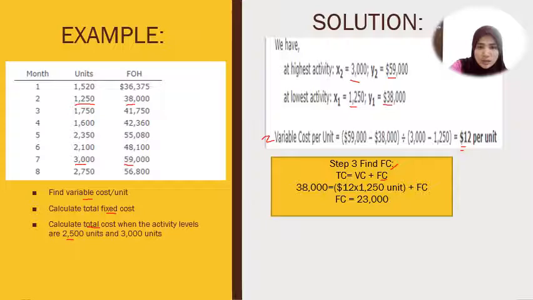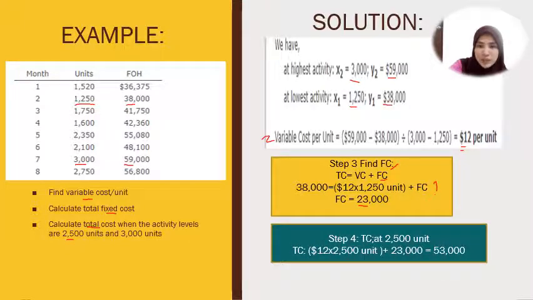So 38,000 is the total cost, equal to 12 ringgit, which is the variable cost per unit that we found in step number 2, times the units of production, plus the fixed cost. In this situation, the fixed cost is unknown, so we have to find the total fixed cost by simplifying this mathematical problem, and you can find the fixed cost value at 23,000.